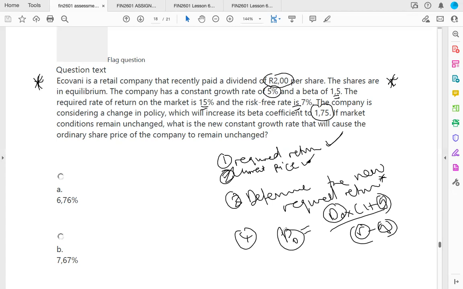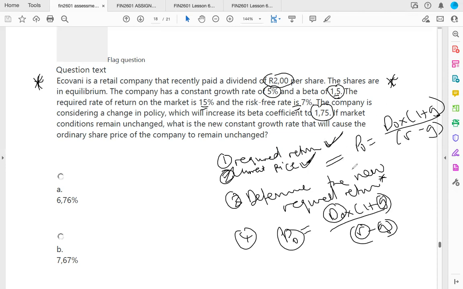So I want you to try that. Put the recording on pause, determine the current required return using the current beta, then determine the current price of the share using the Gordon growth model, the constant growth model, using the required return you calculated, the dividend and the growth rate.